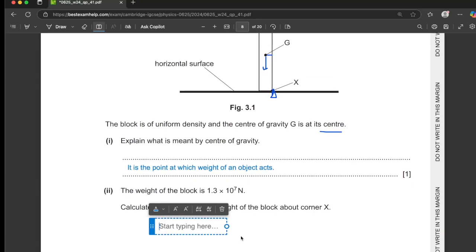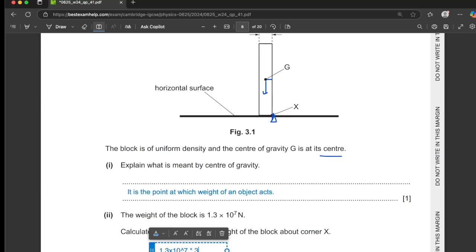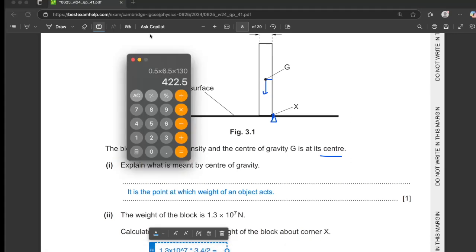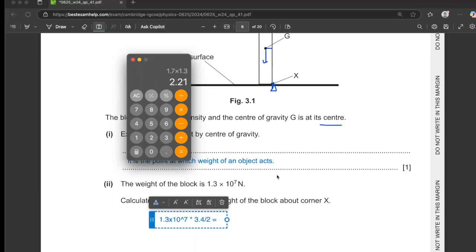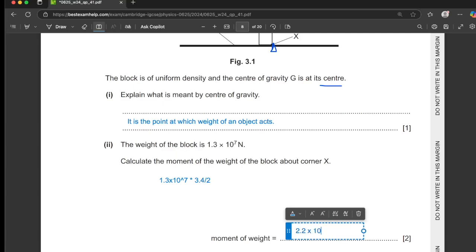So we can multiply force, and then the distance would be 3.4 divided by 2. So 1.7 times 1.3 would be 2.21 times 10 to the power 7. So we can take 2.2 times 10 to the power 7 newton meters.